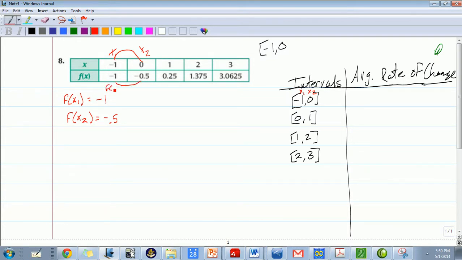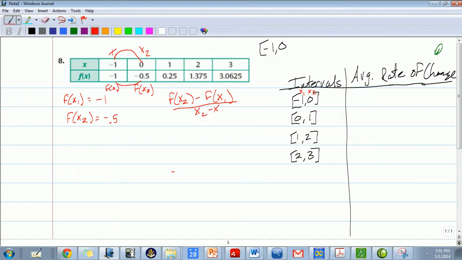We have f of x1 right here and f of x2, because the first row is our x's and f of x is the result once we plug that into our function. As you can see, f of x1 equals negative 1, f of x2 equals negative 0.5. If we're trying to find the slope, that's f of x2 minus f of x1 over x2 minus x1.